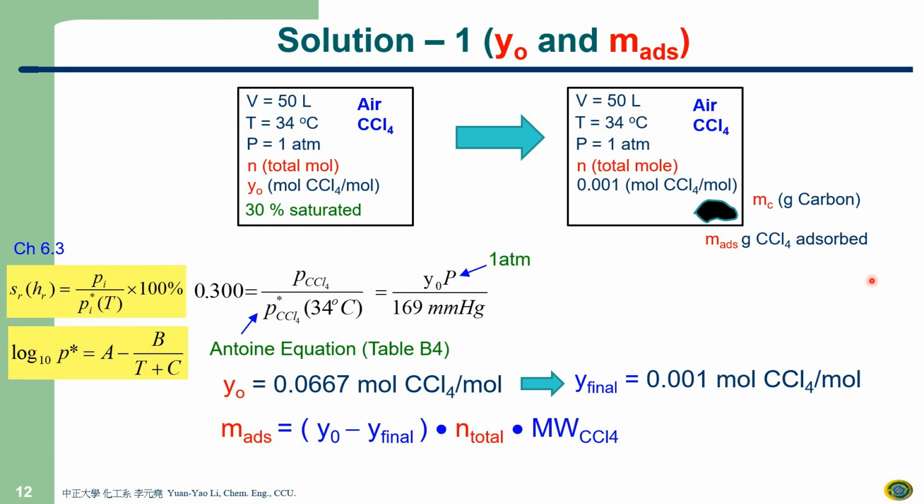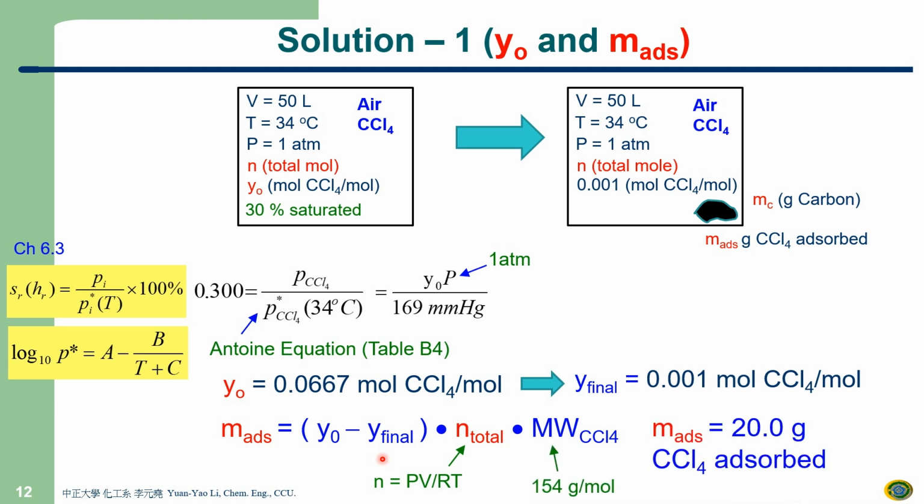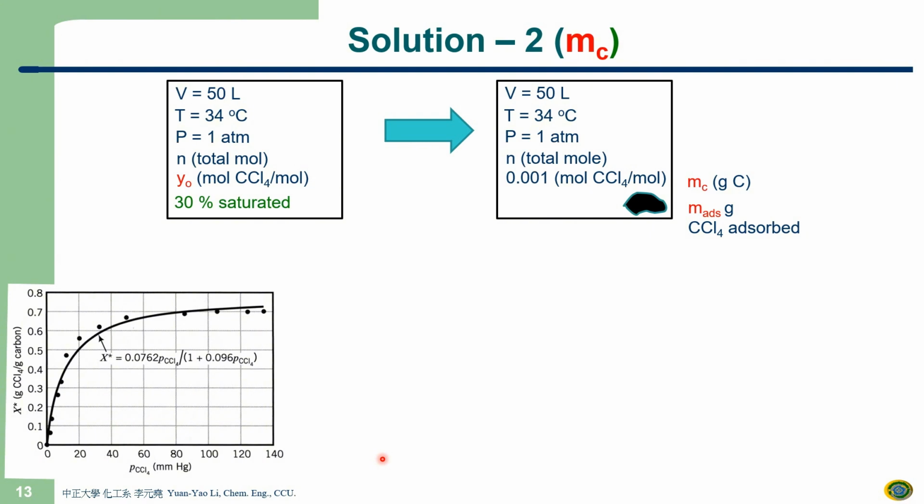Okay, so what is the total? Total is PV equals nRT. You have volume, temperature, and pressure, so you know the total, no problem. So you get M ADS. So now you have Y0 and M ADS.